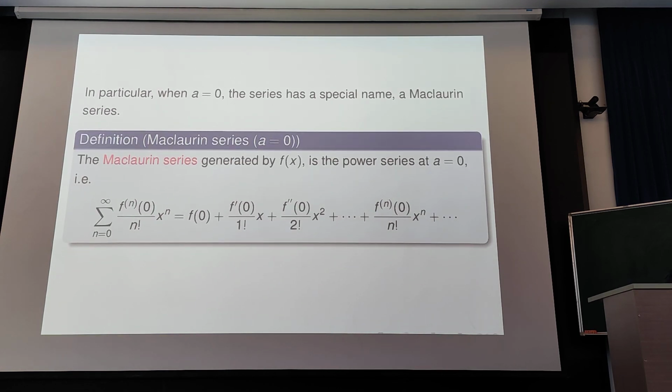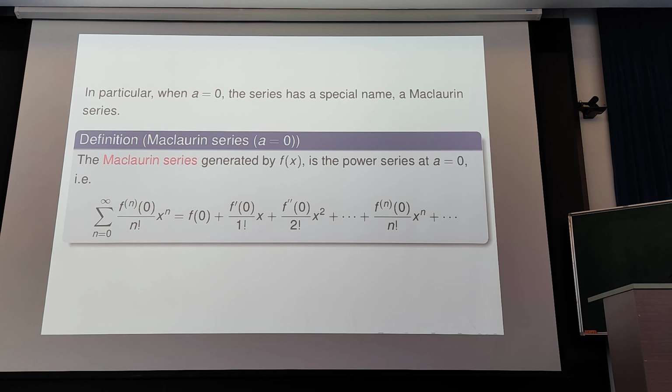And we have a special case when the point a equals 0. Then this series has another name, and we call it the Maclaurin series.